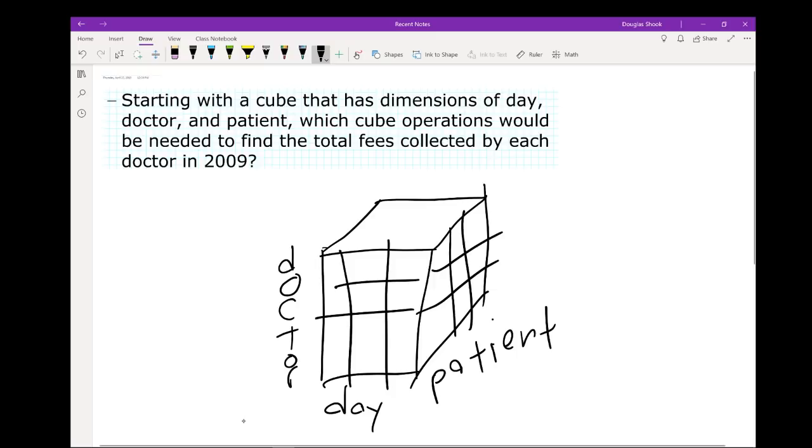I don't have to touch the other axes to make that happen. It's just a natural side effect of the aggregation process. I still have each individual patient on this axis. Yeah, so you would have to aggregate all those per doctor. You would have to perform the aggregations necessary to make that happen, yeah. But the other axes remain unchanged. So for now, although we do have at least one more change we need to make.